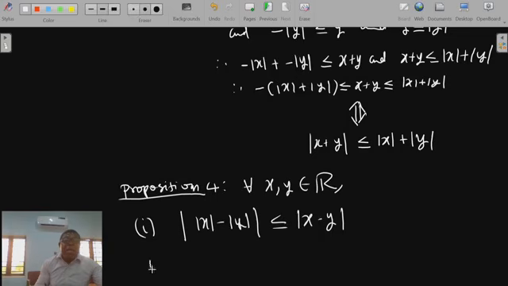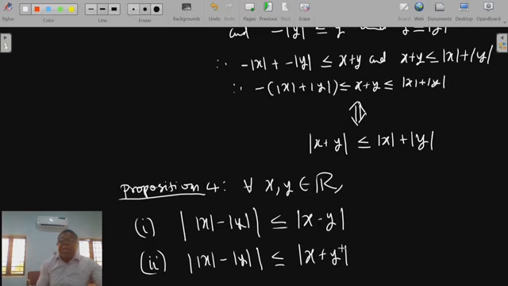And ii, the absolute value of x minus absolute value of y is less or equal to the absolute value of x plus y.